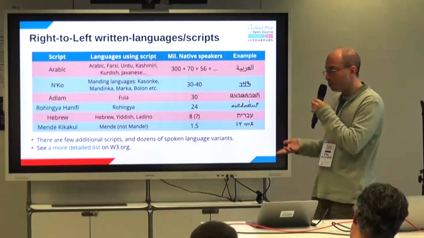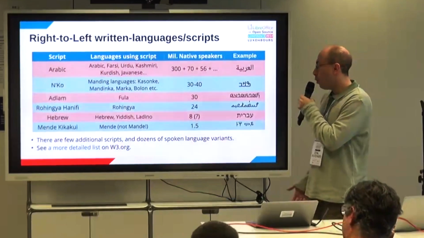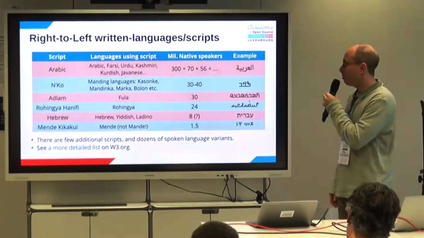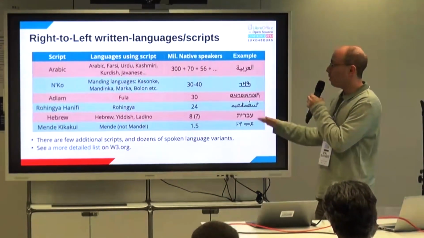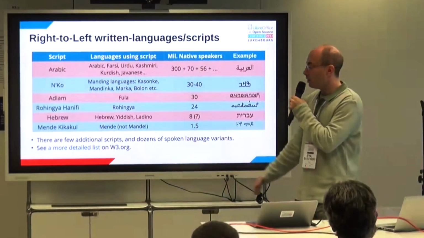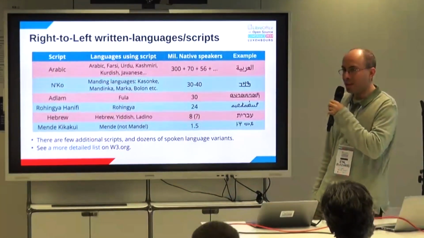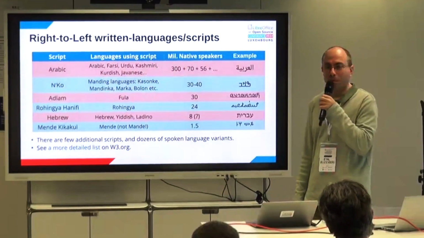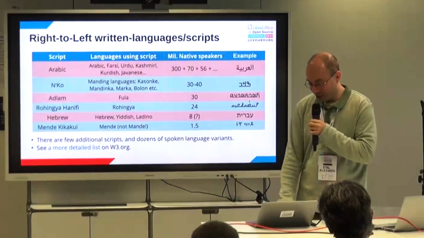That's where people who use it live. There's Hebrew, which is overrepresented, e.g. by myself, and there are more. And this is really not the end of the list, and you can click that link for a few more things, and some people in the room might remember ancient runic Hungarian, which is also right to left.